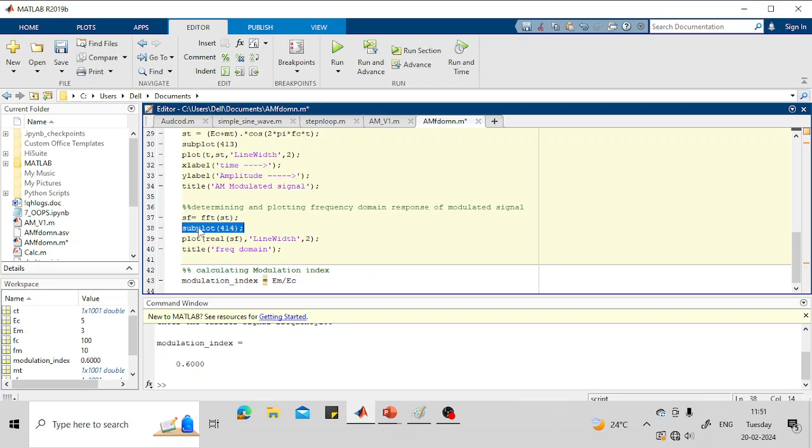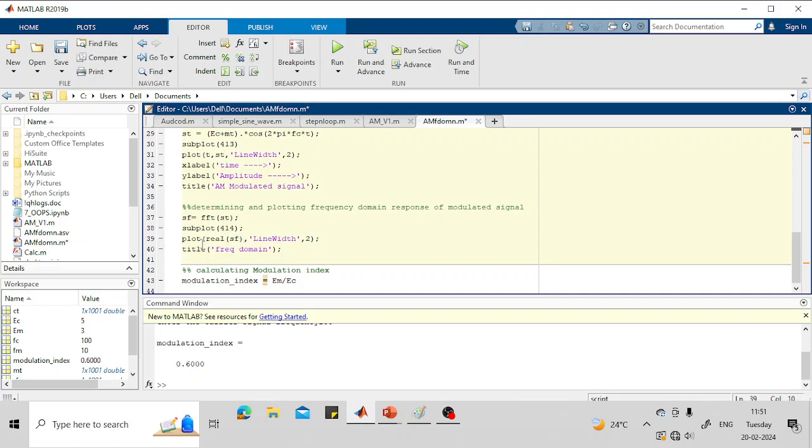And we are plotting that frequency domain content in the fourth figure of that subplot. So let us observe what we are plotting. You have to take care here. This is very interesting. Otherwise, your plot will not be proper.